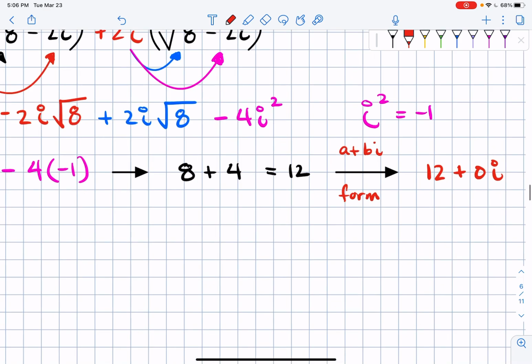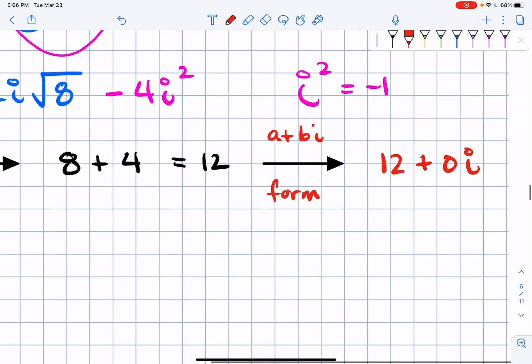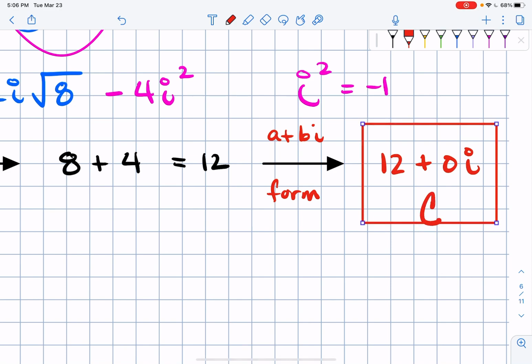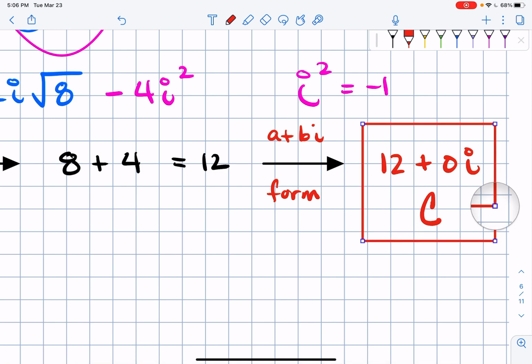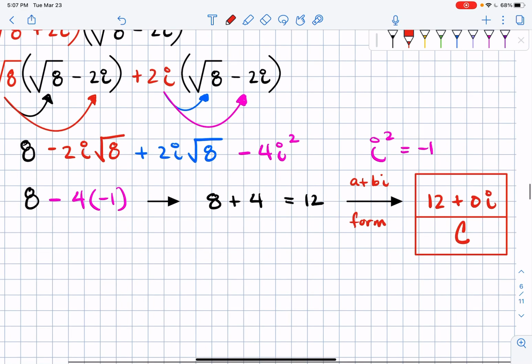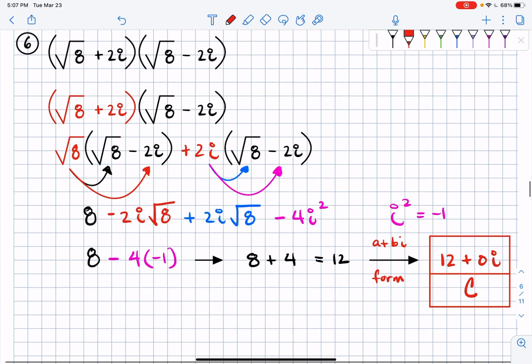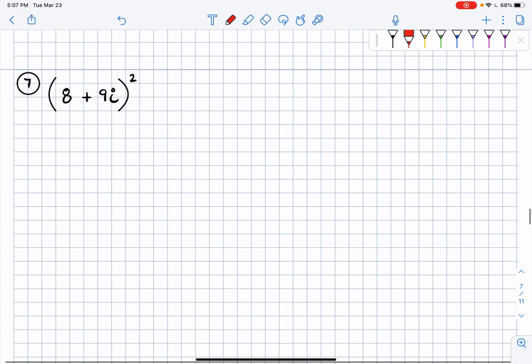So it would be 12 plus 0i, and that is going to be choice C. All right. So that's number 6.